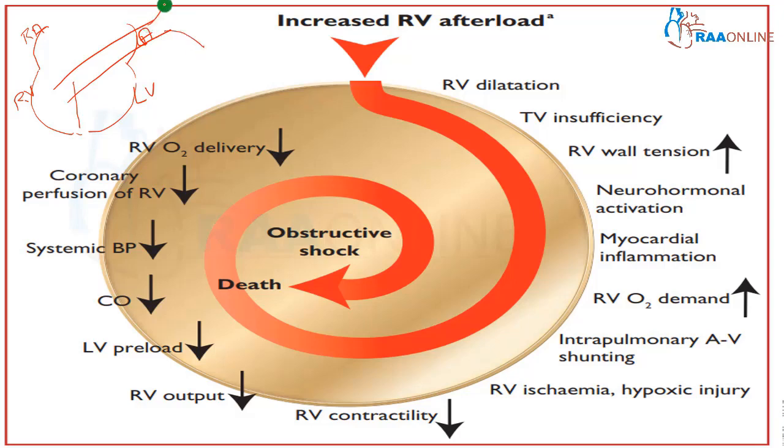So, when there is a block either in the main pulmonary artery or its branches, the pressure in the pulmonary artery increases, right. This reflects as increased pressure in the right ventricle also. So, when there is increased pressure, the right ventricle goes for dilatation, right.